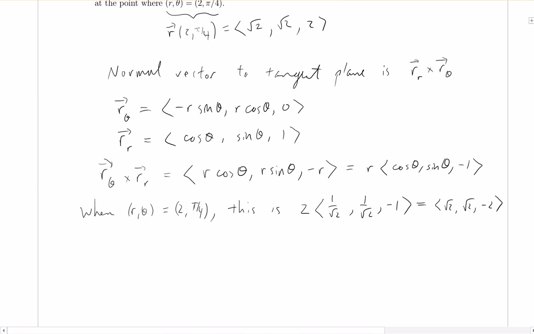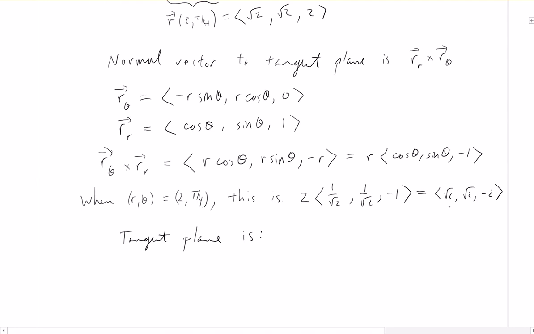So the equation for the plane is going to be, first, the x component of the normal vector times x minus the x component of the position vector, plus square root of 2 from here, times y minus square root of 2 from up here, plus finally negative 2 from here, so minus 2, times z minus the 2 from the position vector. And all of that equals 0.